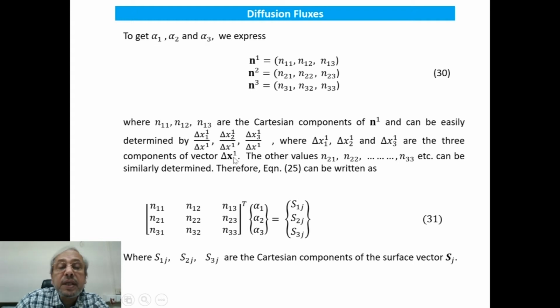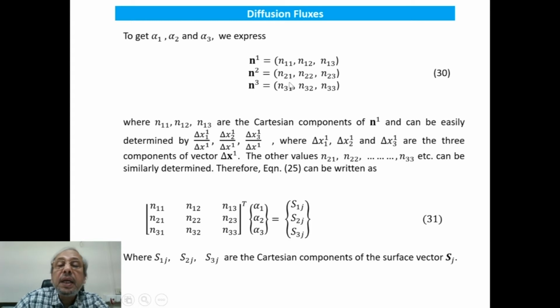So delta x1 is a vector quantity. Its magnitude is basically this delta x1, and these are three components of the vector, from where we can get n11, n12, n13, which are basically the Cartesian components of unit normal vector n1.